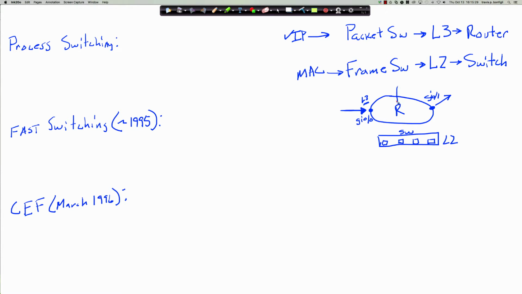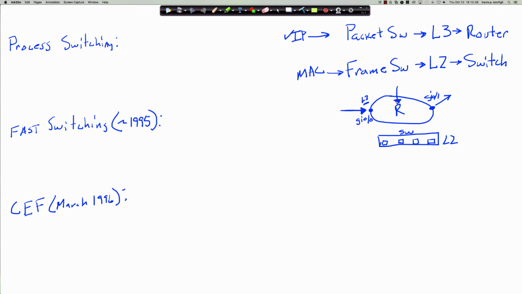Well, internally, inside the router here, the router has to switch the packet. And what we mean when we say switch, let me define that for you. The process of switching the packet is simply mapping layer 2 information to the layer 3 address and then forwarding out the outgoing interface.